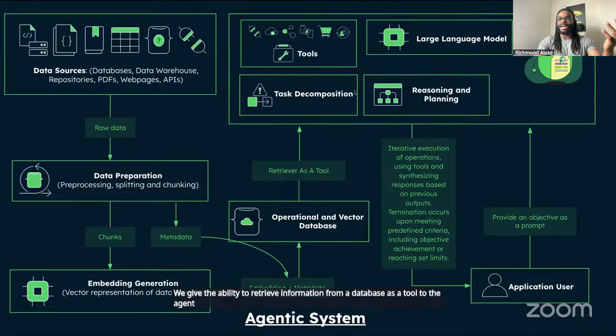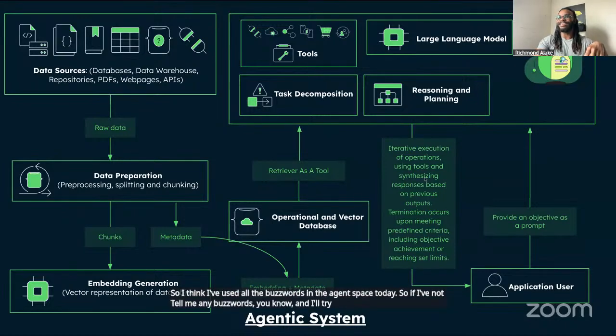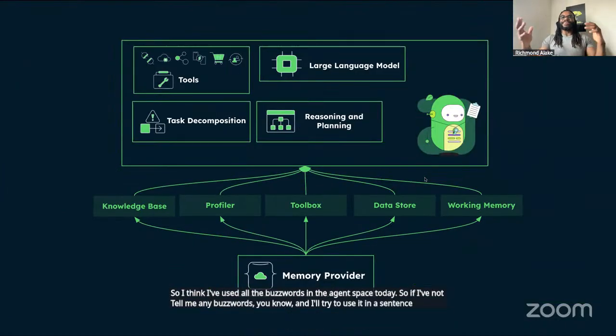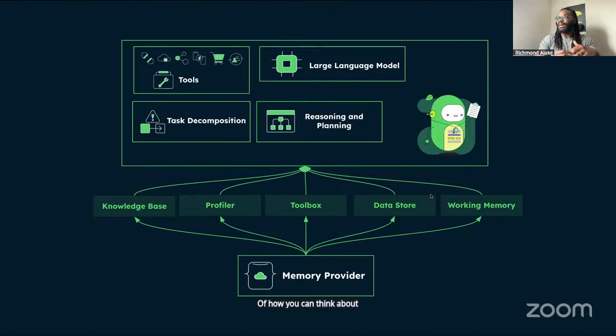Right now, you're getting into the realm of agentic RAG. So I think I've used all the buzzwords in the agent space today. If I've not, tell me any buzzwords you know, and I'll try to use it in a sentence. And the best way I describe how you can think about agents to people building it is to describe MongoDB as a memory provider for agents.